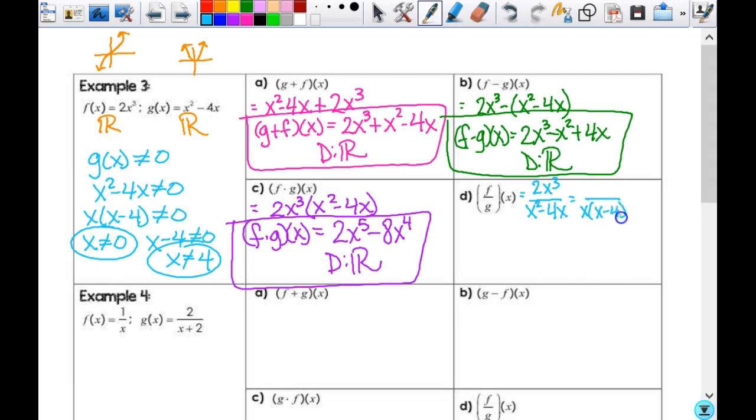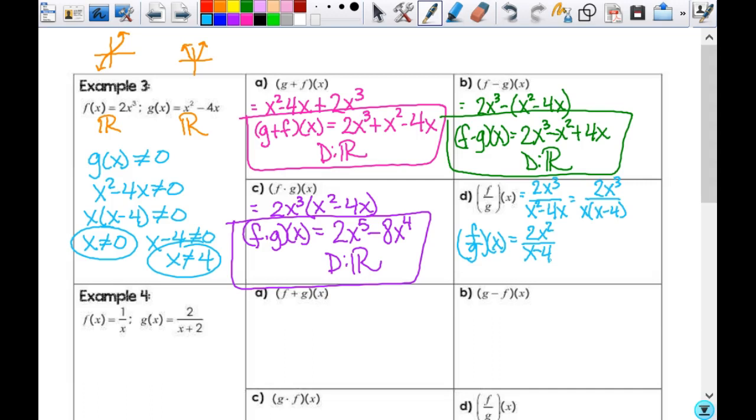X times x minus 4, and then 2x cubed up here. Now can I cancel an x out of the numerator with this one right here? Yes? Okay, so this means that f over g of x is going to equal 2x squared over x minus 4. You don't have to. You can. It doesn't hurt anything, but you don't have to. Okay, everybody with me so far?